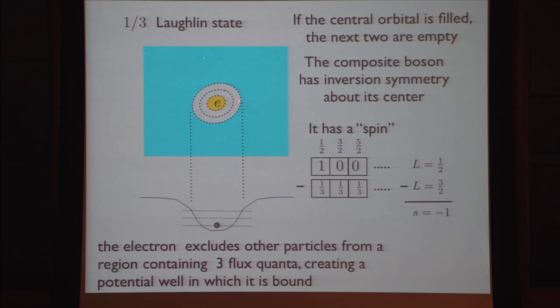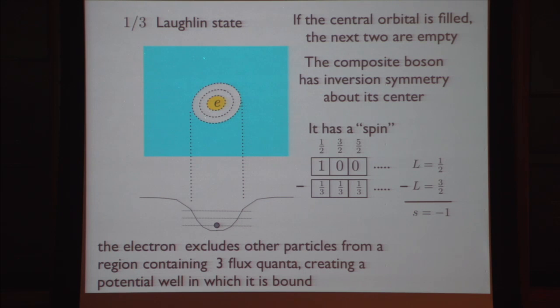You look at the droplet, and the Laughlin state has a characteristic pattern where you occupy the center of the droplet and the next two states are empty. So in regularizing this algebra, you have to do something to remove the uniform background.